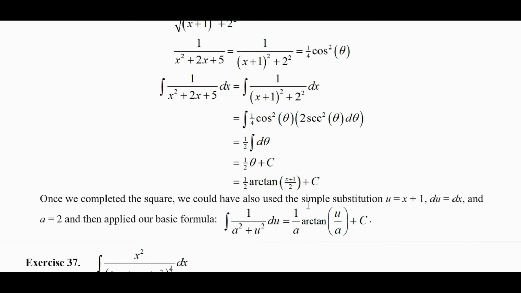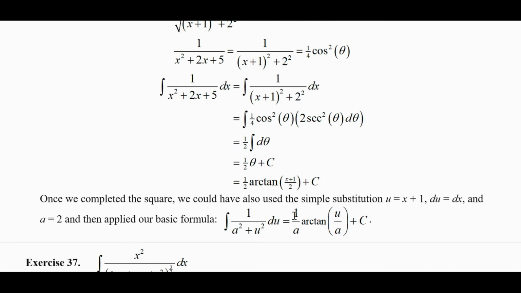Here a is 2, u is x plus 1. And so this actually works out with the simple substitution if you have this particular integration formula or antiderivative formula memorized. But we can also work this out this way.